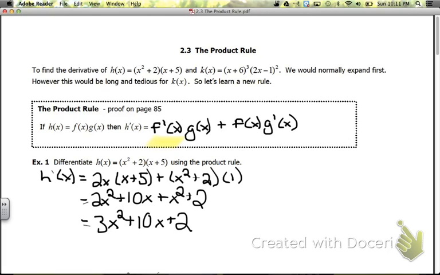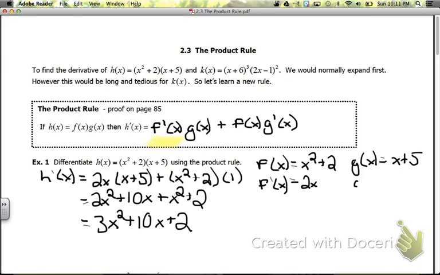Now, if this looks confusing doing it all in one step, another way you could do this is, say my f of x is equal to x squared plus 2, so therefore f prime of x is 2x. And we know our g of x is equal to x plus 5, so g prime of x is equal to 1. Then you would have all four values that you need, and you could just substitute them into our product rule formula.